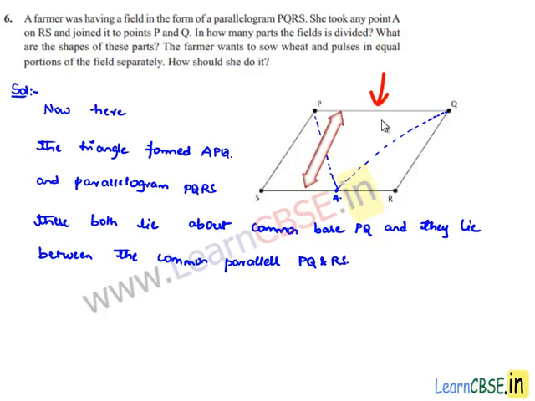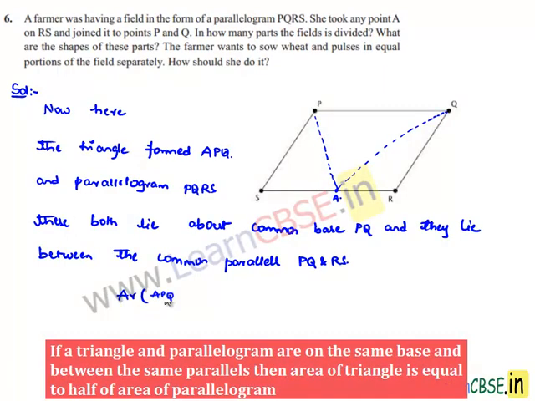We know that if a triangle and a parallelogram lie about the common base and between the common parallels, area of triangle will be equal to half times area of parallelogram. Therefore here area of triangle APQ will be half times area of parallelogram PQRS.